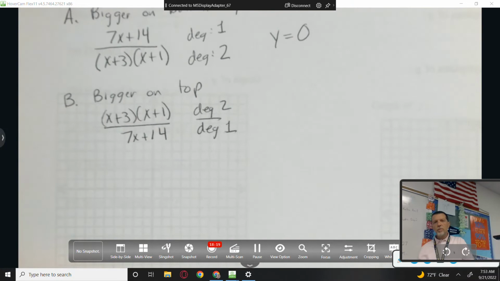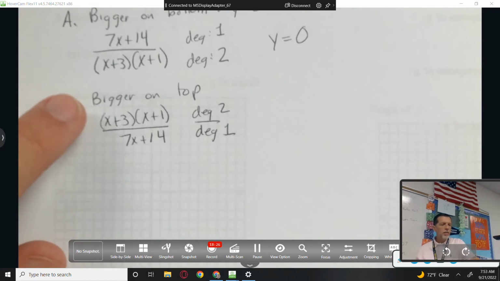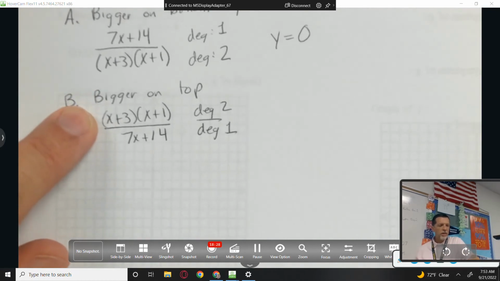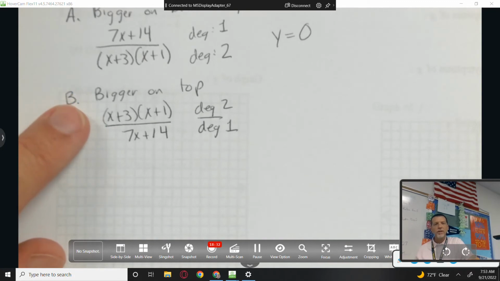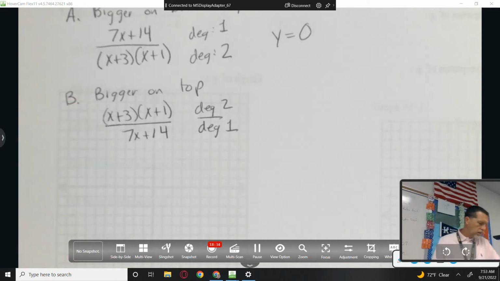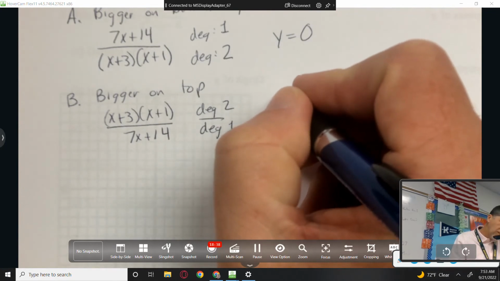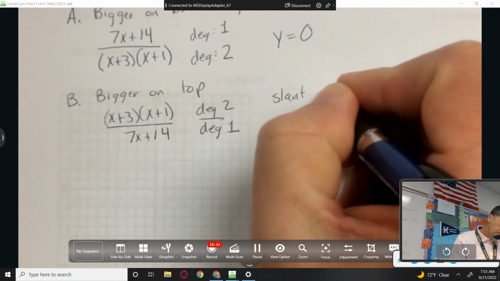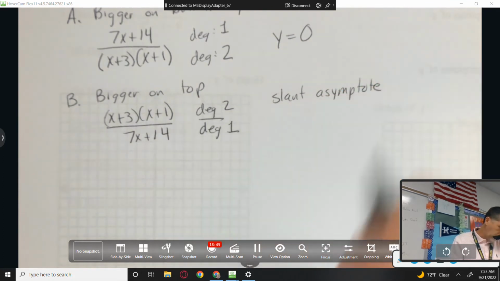So it's definitely bigger on top. And again, we go through that same thought process. X squared over 7x. Well, they're both getting bigger, but x squared is getting way bigger. So this thing is getting too big, and this is our least favorite case because this is going to give us a slant asymptote.